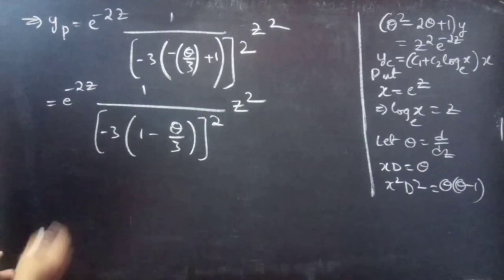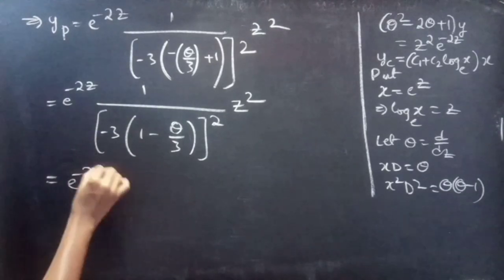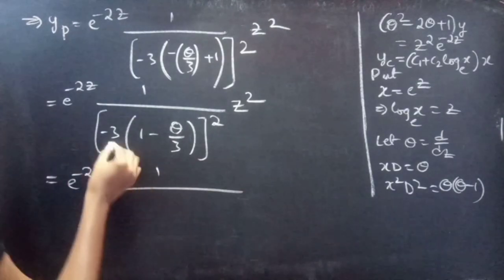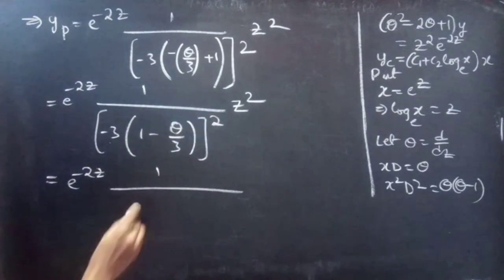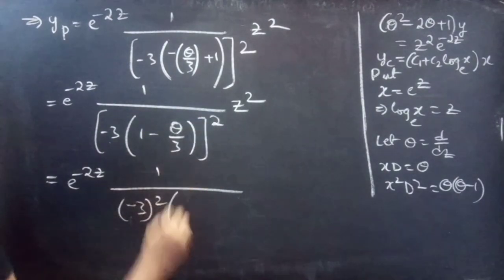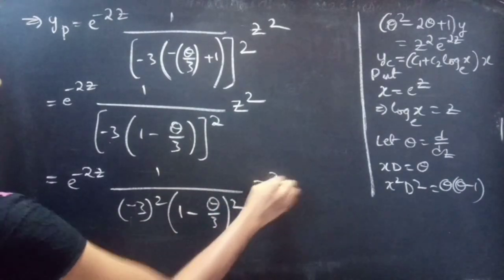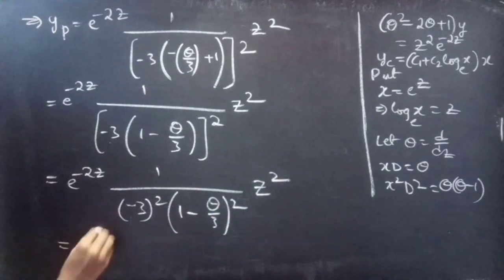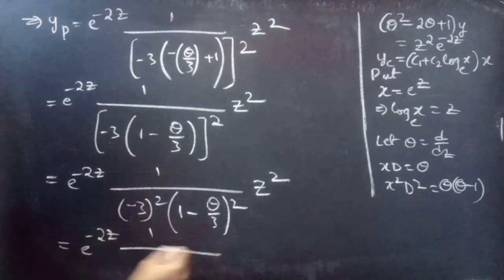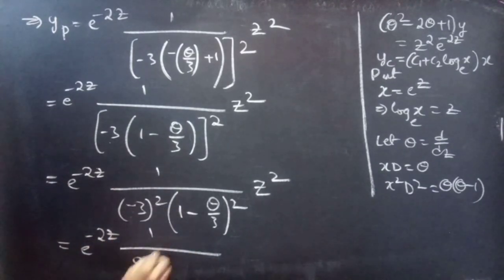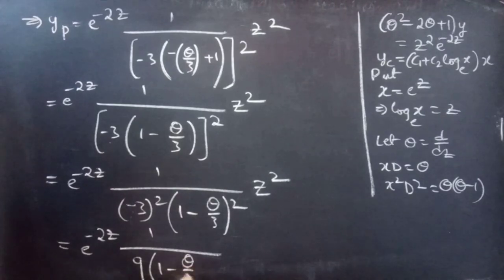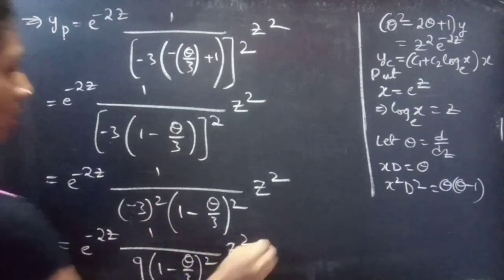Now, this is equal to e power minus 2z into 1 by minus 3 into this term whole square, which is minus 3 square into 1 minus theta by 3 whole square into z square. This is equal to e power minus 2z into 1 by minus 3 whole square, which is 9, into 1 minus theta by 3 whole square into z square.